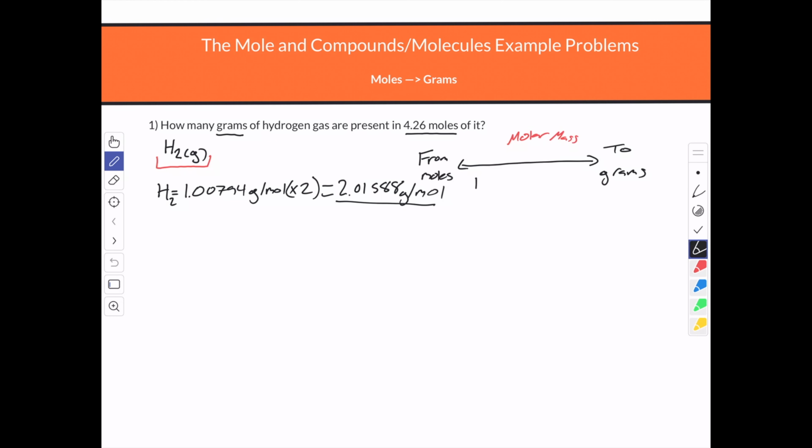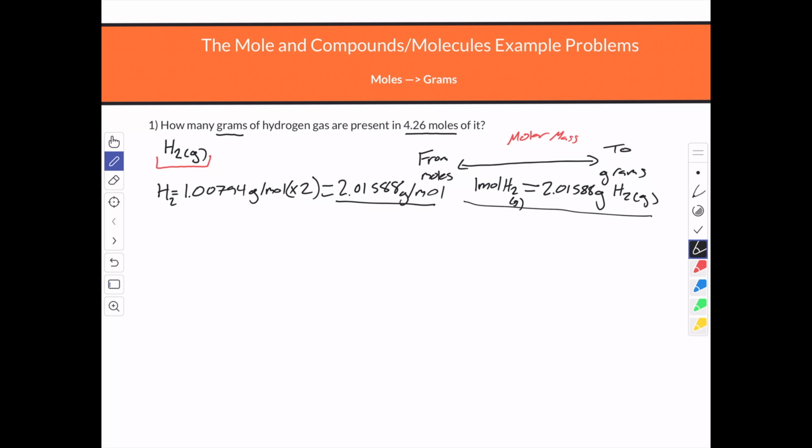So we know that 1 mole of H2 gas will equal 2.01588 grams of H2 gas. And that is going to be our conversion factor we use to convert between grams and moles of the molecule.